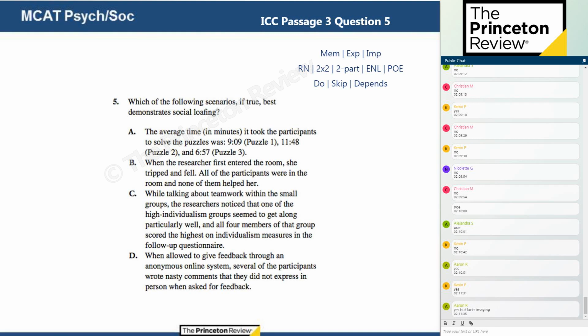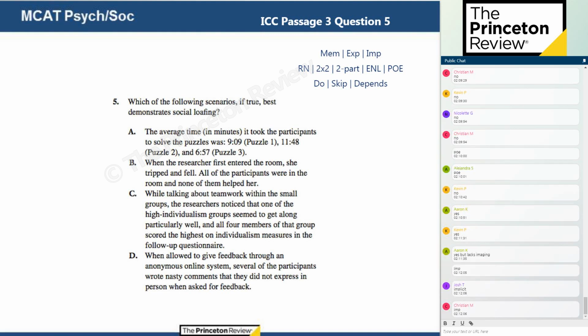Okay. What kind of question is this? Yeah, this is an implicit. It's asking us to figure something out, right? It's asking us which of these scenarios demonstrate social loafing.